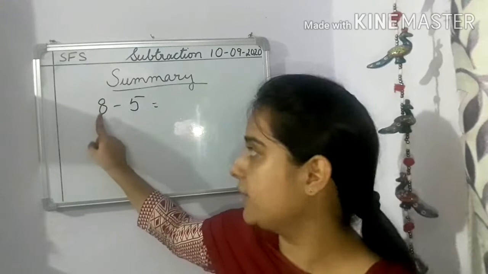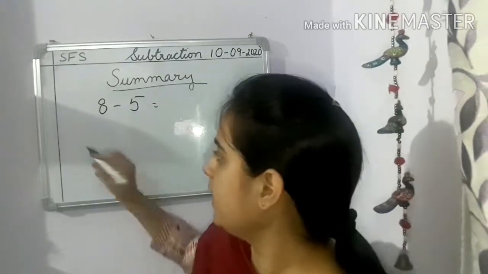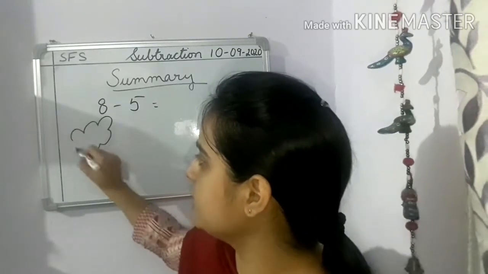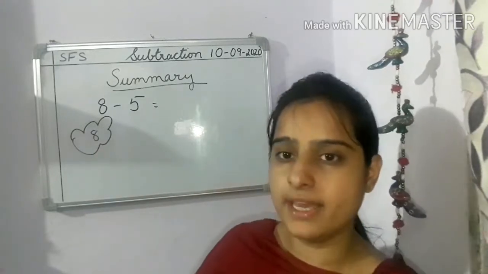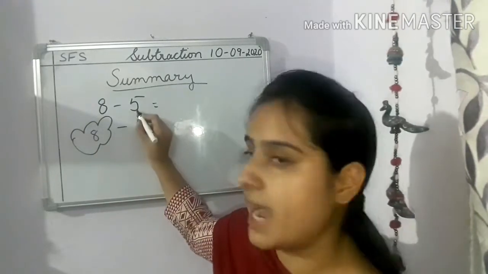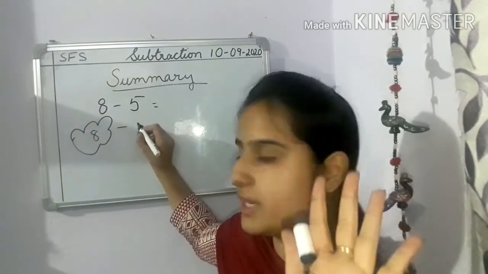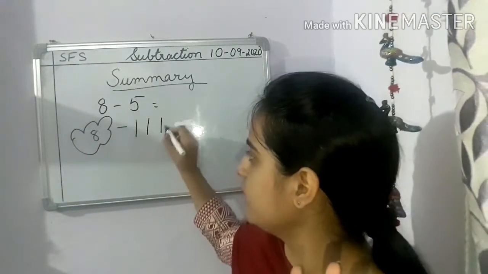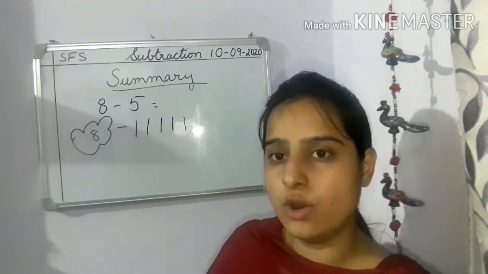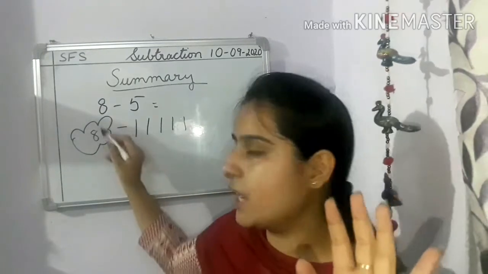You will keep the bigger number in your mind. 8 should be in your mind, children. Okay? And for 5, you have to open fingers. You have to open 5 fingers. 1, 2, 3, 4, 5. Okay? Now we will do backward counting.